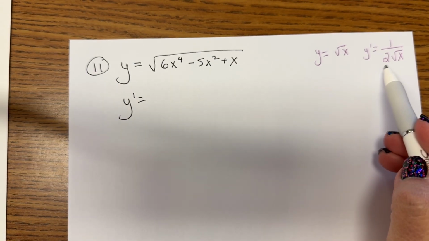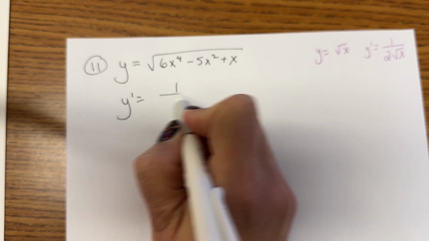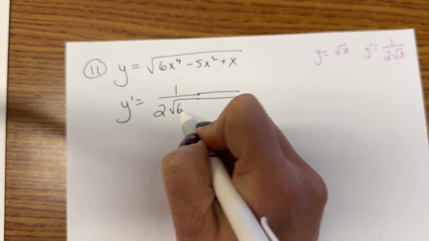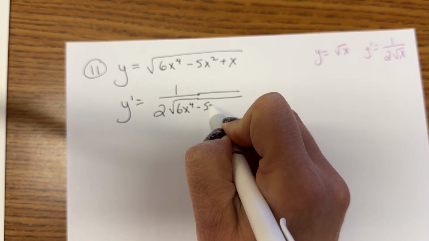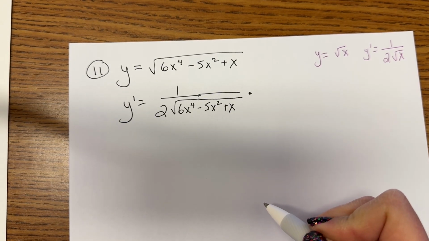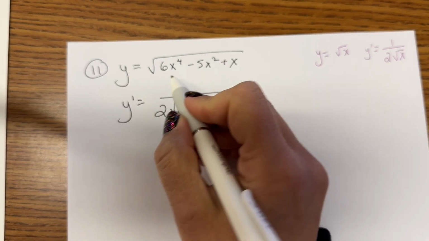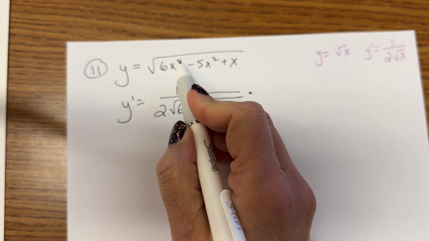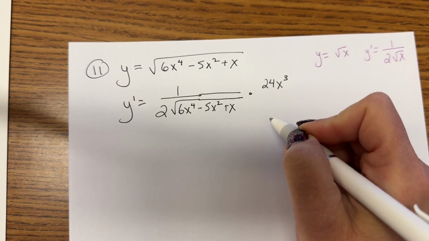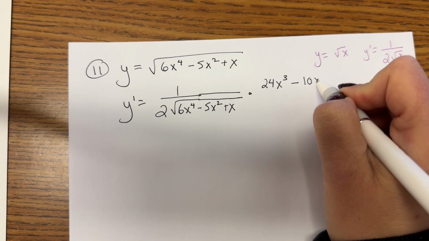So it's going to have a derivative of 1 over 2 root, and we leave the inside function alone, times, now it's the derivative of the inside. So I'm going to do the power rule, 4 times 6, subtract 1 from the exponent, 5 times 2.